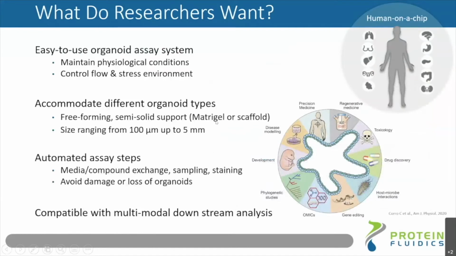So we looked at what researchers want, and it's sort of a cliche, but they want something easy to use that they can use for a variety of different organoid types, and be able to automate a lot of the steps to take out the manual interventions or improve variability, et cetera. And lastly, to interrogate the biology, these have to be compatible with multimodal downstream analysis.